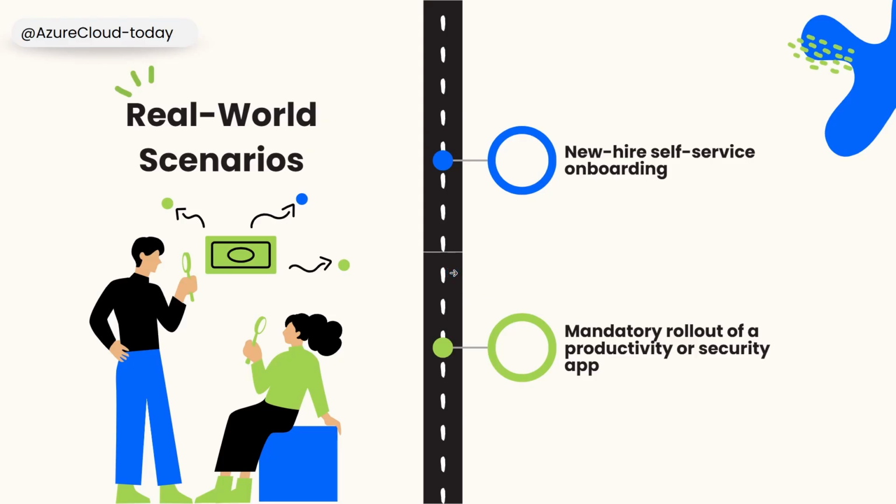Let's now look at some real world scenarios where Intune application deployment would help us greatly. First scenario is where we have a small organization onboarding new starters who each receive their work apps on day one. The problem is that IT can't physically touch every new phone. So they send out links to multiple App Store applications for the new starters to download from.